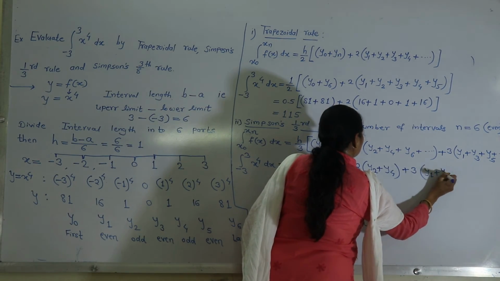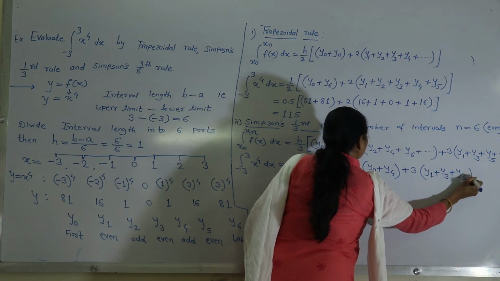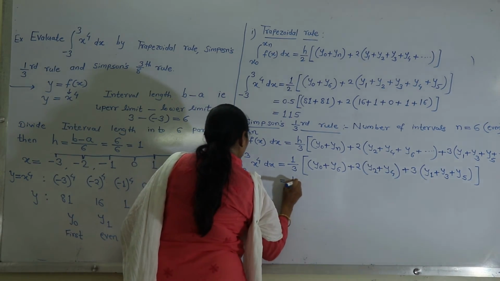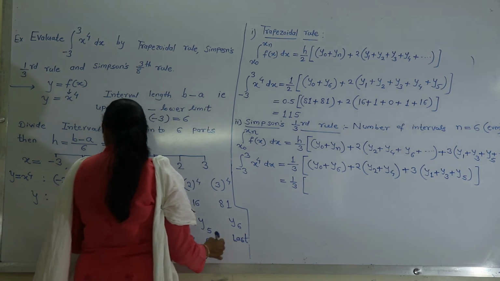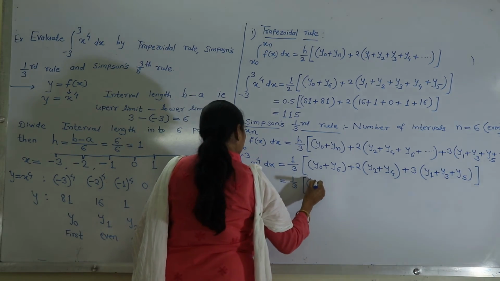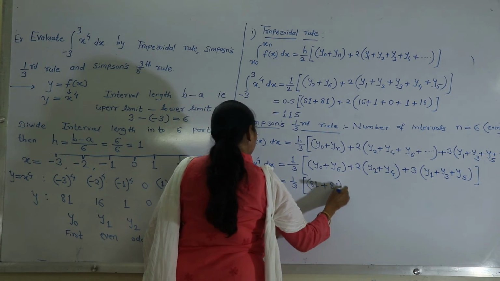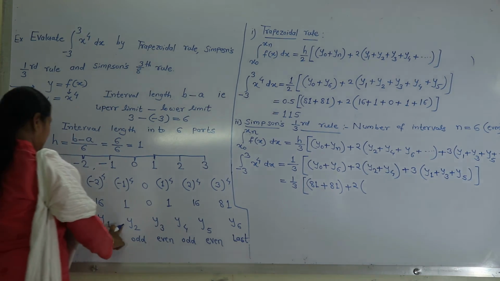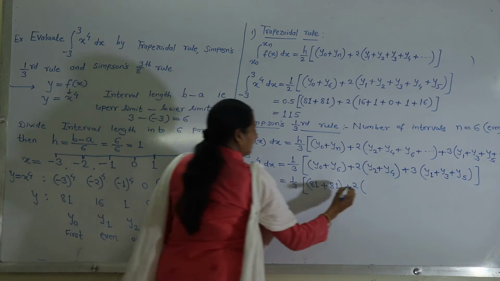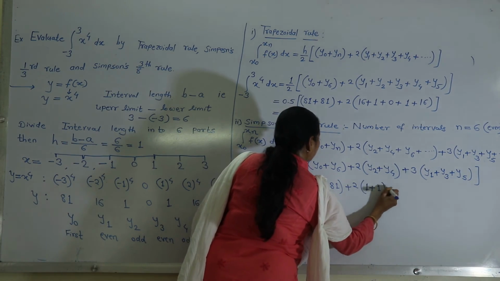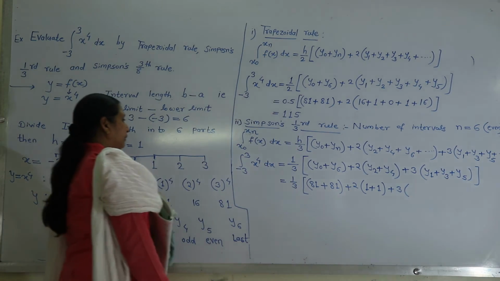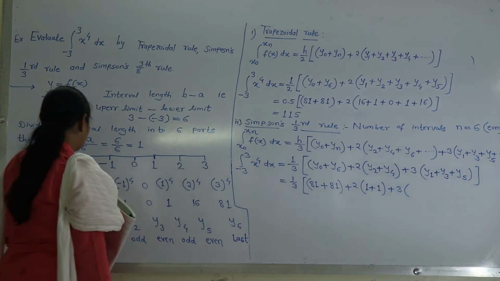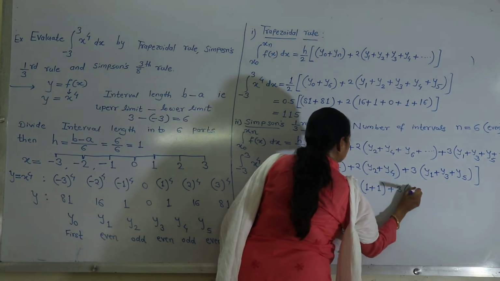So 1 by 3, y0, the first value, is 81, y6 is also 81, plus 2 times y2 plus y4, y2 is 1, y4 is also 1, 1 plus 1, plus 3 times y1 plus y3 plus y5. y1 is 16, y3 is 0, and again 16. 16 plus 0 plus 16.